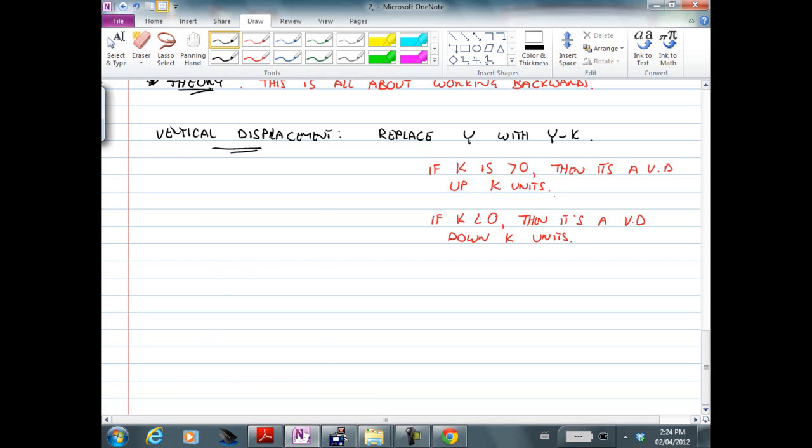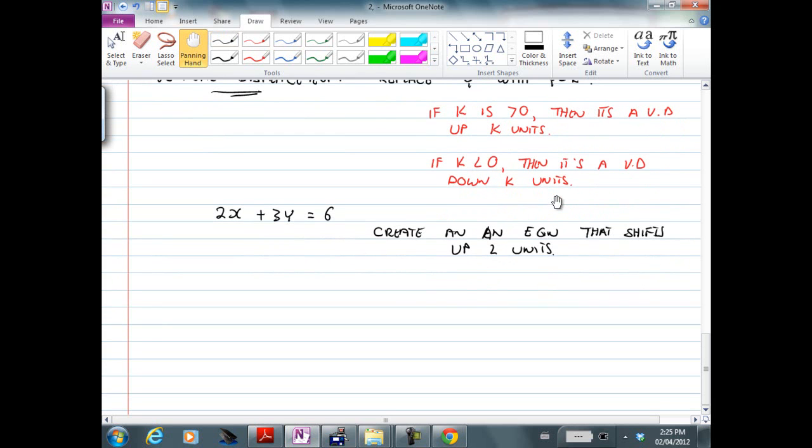2x plus 3y equals 6. They're going to ask you, create an equation that shifts up 2 units.